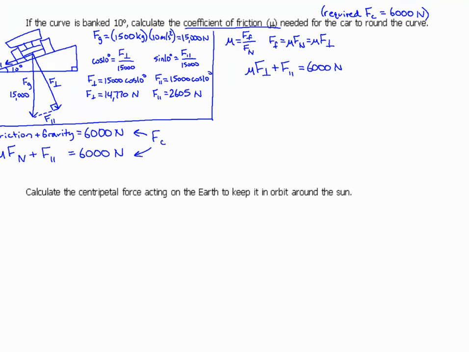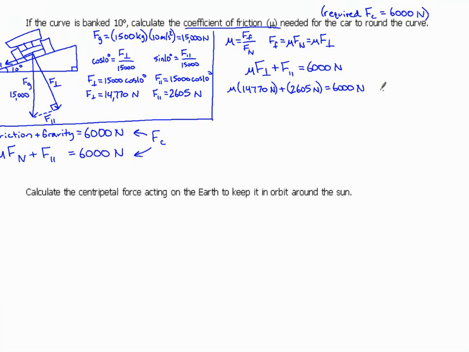So the reason we did this is because we know what the force perpendicular is. We know what the force parallel is. So we know all of the friction except the coefficient, and we know the source of the gravity. We know the magnitude of the gravity. And so we plug in our numbers, coefficient of friction times force perpendicular, 14,770 newtons, plus the force parallel, which was 2,605 newtons, equals 6,000 newtons.